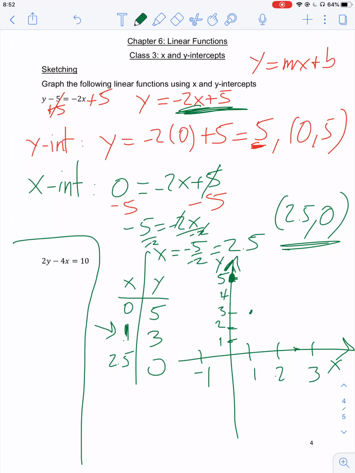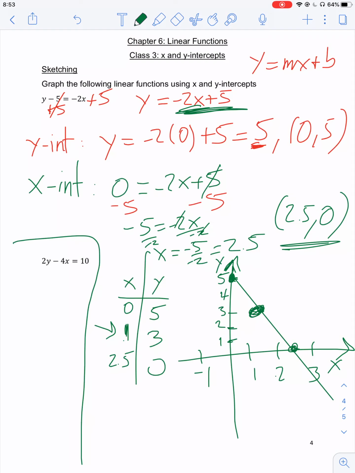So again, you only need 2 dots if you're doing this on graphing paper, then all 3 of them will perfectly align. In my case, it doesn't because my graph is not scaled properly. So let's just connect this dot like this, and this is what the function will look like.